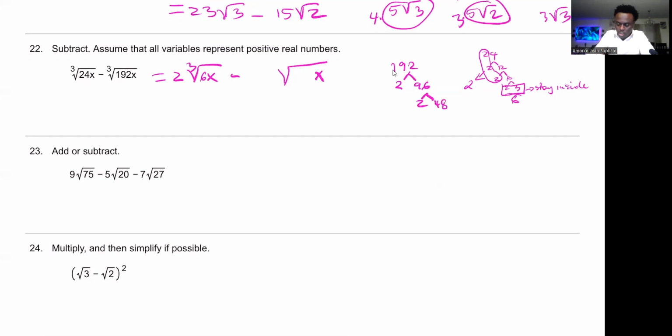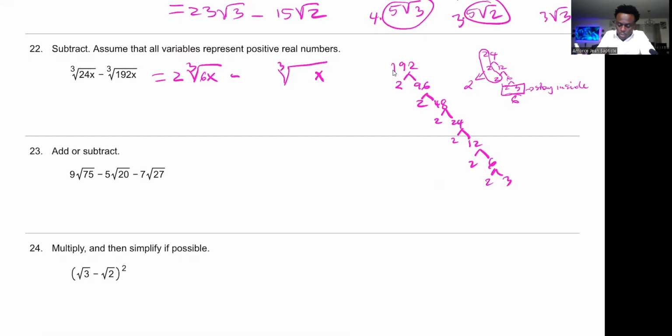48. Do it again with 2. 24. Do it again with 2. 12. Do it again with 2. That's 6. And then do it again, 2, 3.